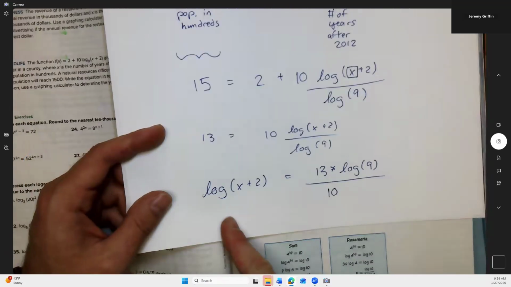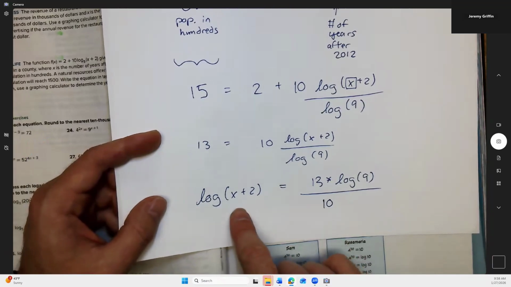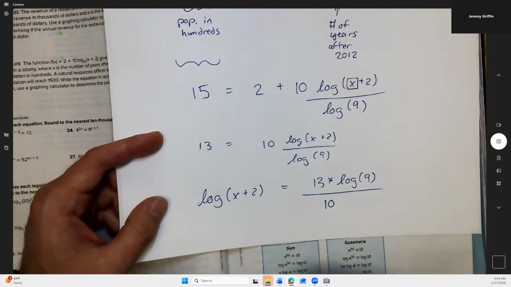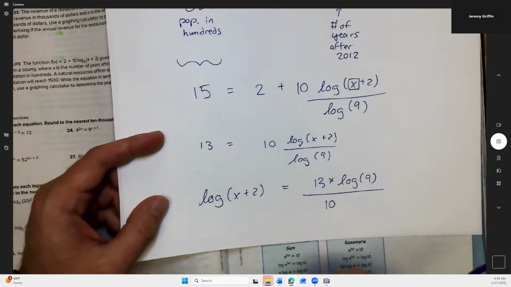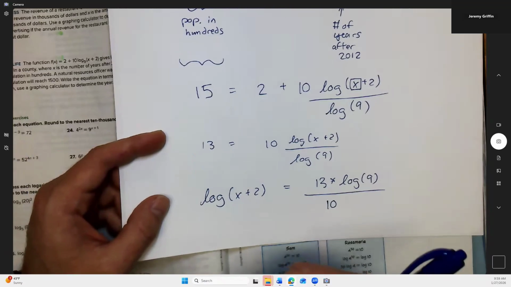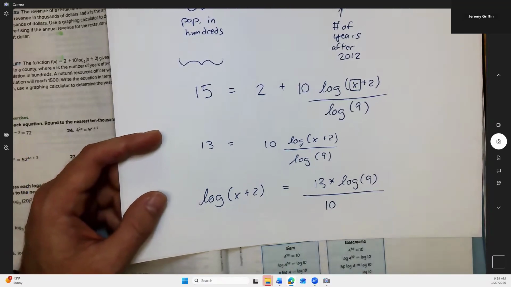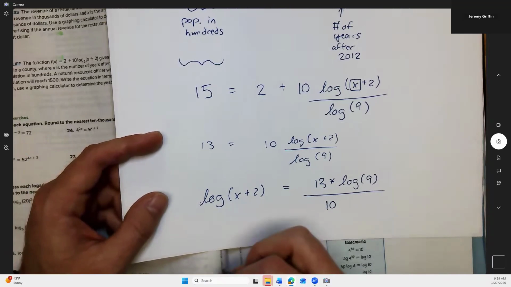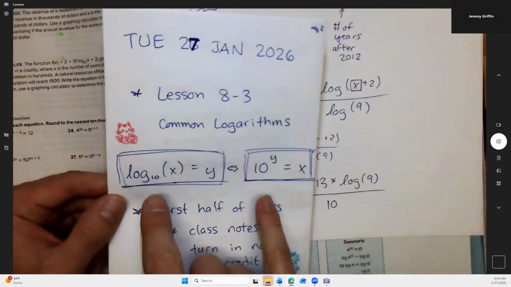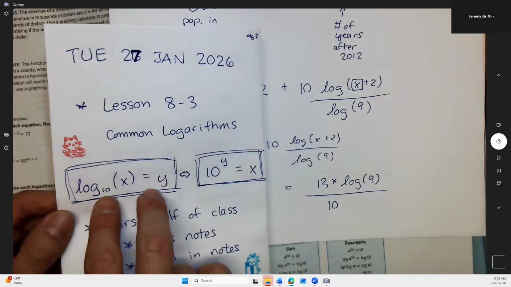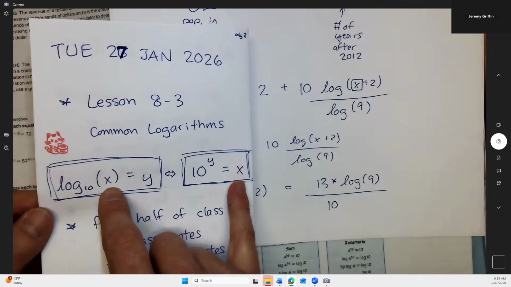Guys, what's the next step? This x is buried inside a logarithm. How do you get x out of the logarithm? How do you undo a logarithm? If we have this and you're trying to solve for x, is this like a kind of shorthand version of what we're trying to do?